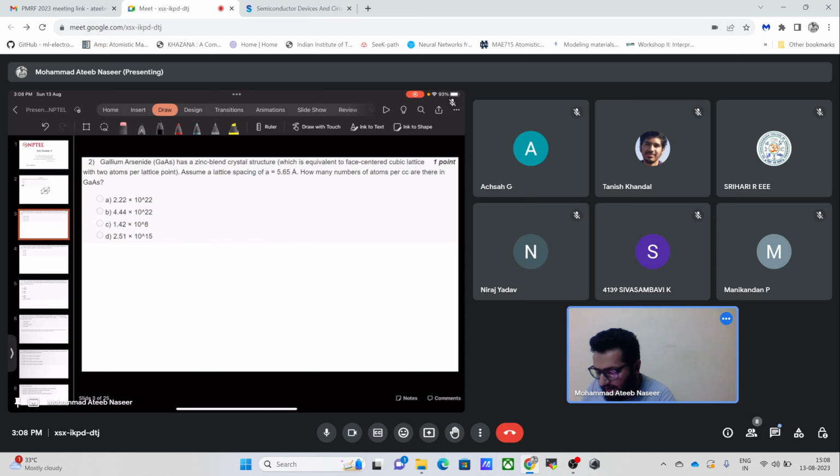Now in gallium arsenide, these are two different kinds of atoms, one gallium and the other arsenic, and when they form a basis, it is known as zinc blende.